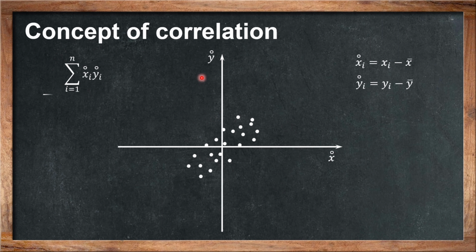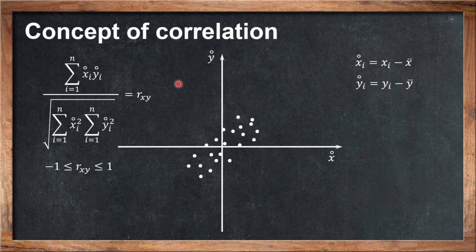Next, take a look at this normalizing constant. This is how we denote the correlation coefficient, R sub xy. So the correlation between x and y. And the correlation coefficient is a bounded indicator that varies from -1 to 1.